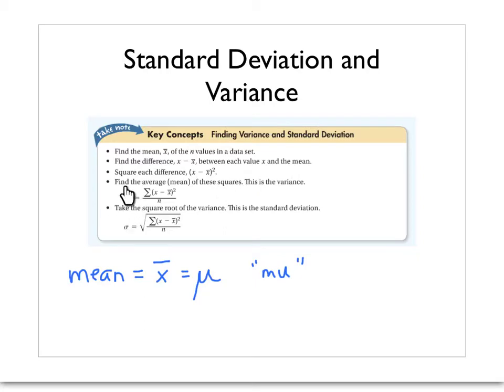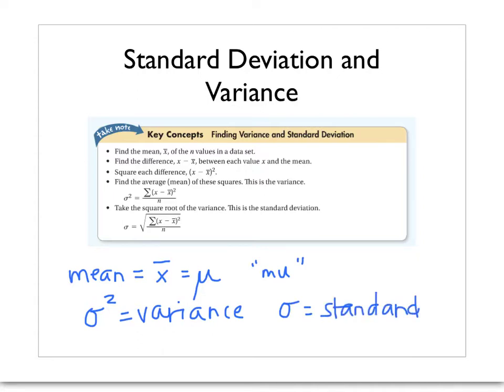Your variance is this symbol. It's the sigma with the squared. That's variance. And the symbol by itself is the standard deviation. Variance is standard deviation squared. You do get a lot of these formulas, but these formulas are confusing.